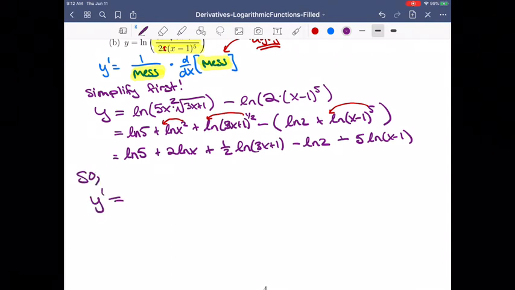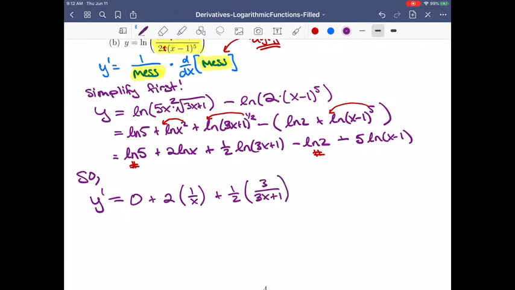Now, y prime is going to be the derivative of each part. The derivative of ln 5 is a number, so that one's a constant. This one is also a constant. So there's 0. 2 times the derivative of ln x, that's 1 over x. 1/2 times the derivative of ln of 3x plus 1. So it's going to be 3 over 3x plus 1, the derivative of the inside divided by the inside.